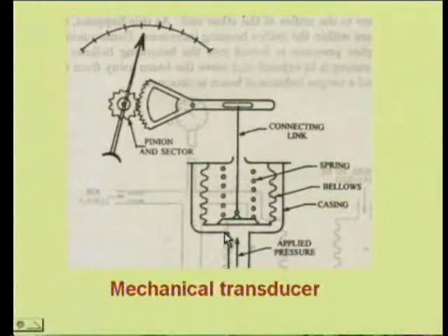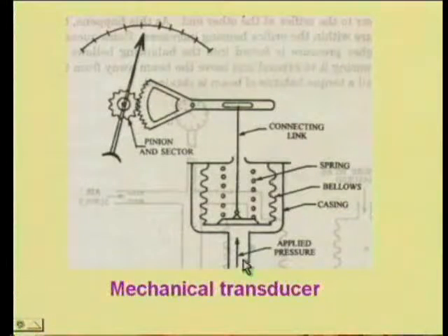Now we can see a mechanical transducer, how it functions. The applied pressure you can see is connected to the bellows, which is kept in a casing. The bellows are shown in the spiral form. The spring is there, and a connecting link is there which is connected to the sector. The sector is in turn in mesh with the pinion, and over the pinion the pointer is there.